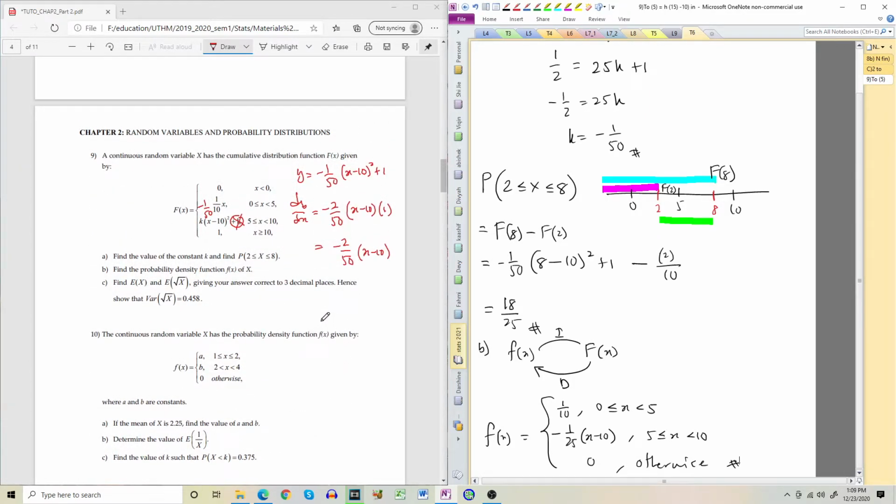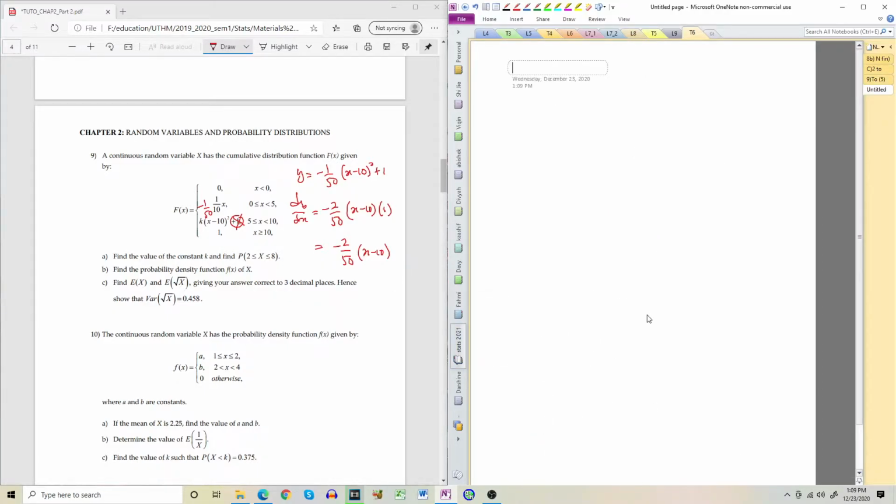Find Ex, give your answer in 3 decimal places. Okay, let us find the expected value, variance, and so on. Expected value, I am going to use the density function.